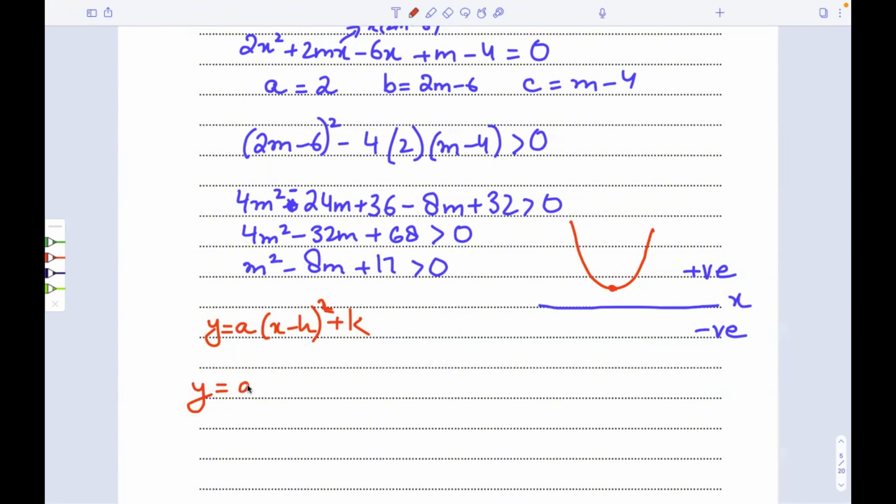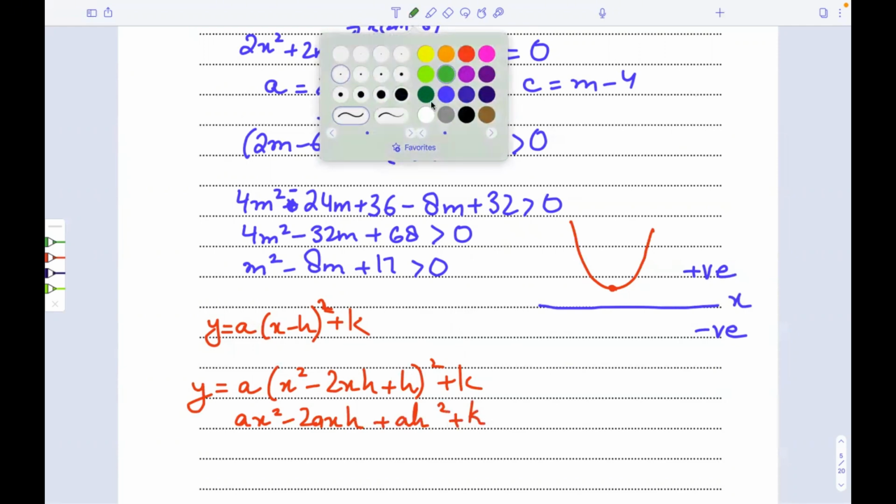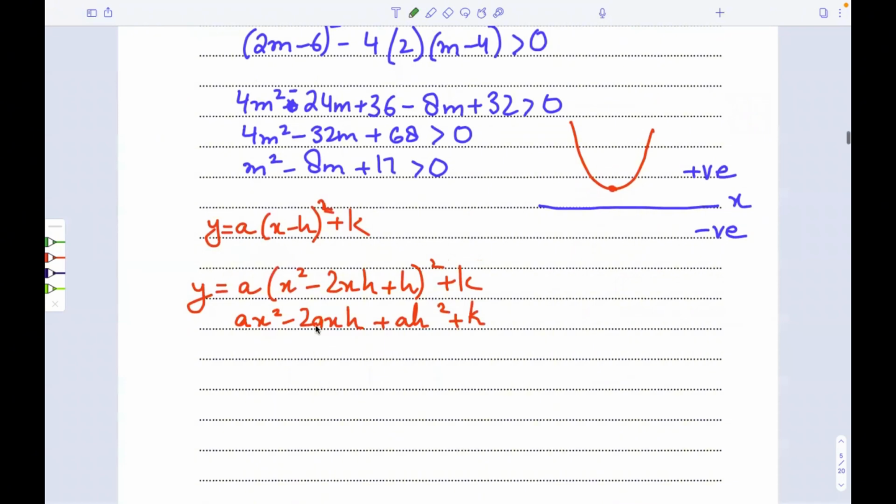We get a multiplied by x squared minus 2xh plus h squared, plus k, which will become ax squared minus 2axh plus ah squared plus k. Now, to avoid any confusion, we can use the variable x in this equation.